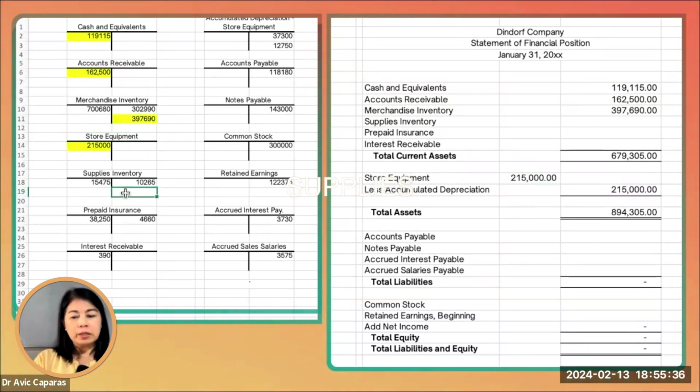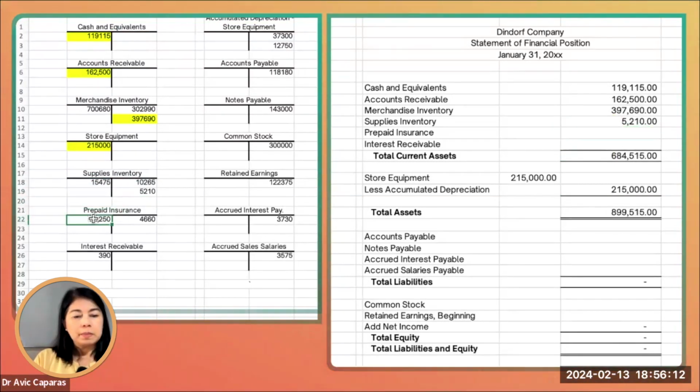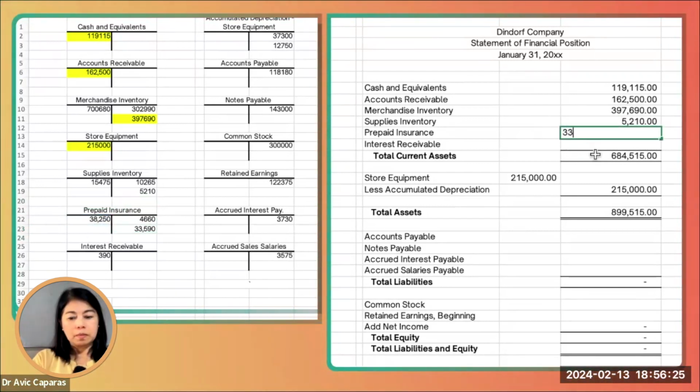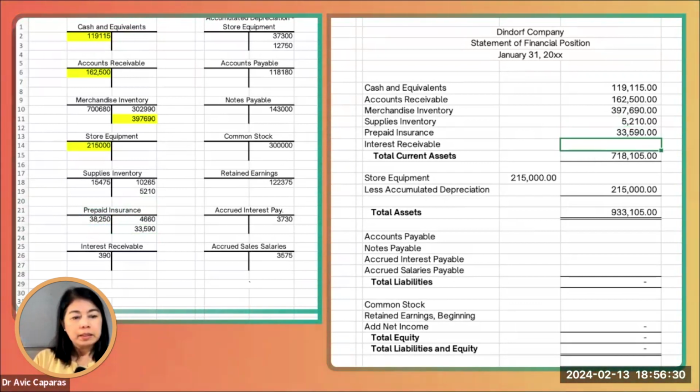And then supplies inventory, we saw this in the adjusting entry. So this one minus 5,210. Prepaid insurance, 33,590. Interest receivable, I think I can remember, this is 390.